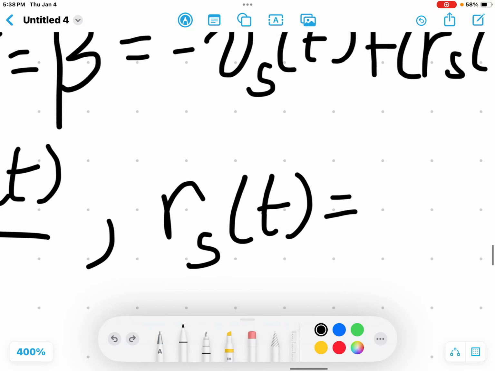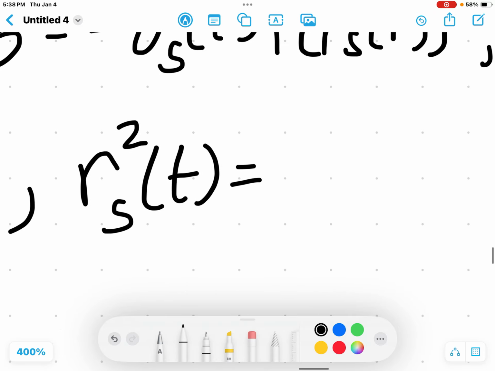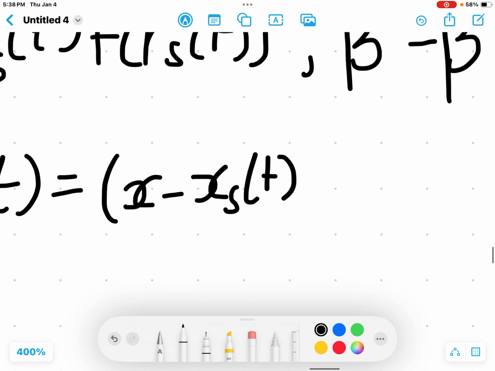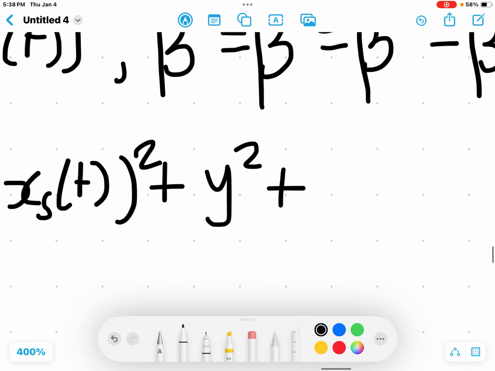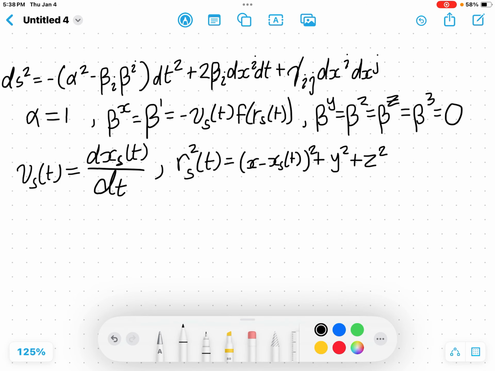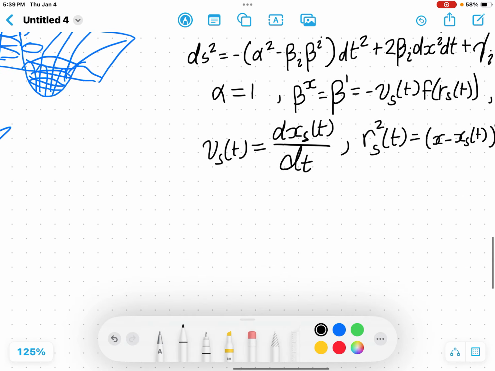I'm just going to write it in square form, so I don't have to write that radical. So r_s(t) squared is (x minus x_s(t)) squared plus y squared plus z squared. So this is an application of my circle relations, but with respect to the hypersurface.